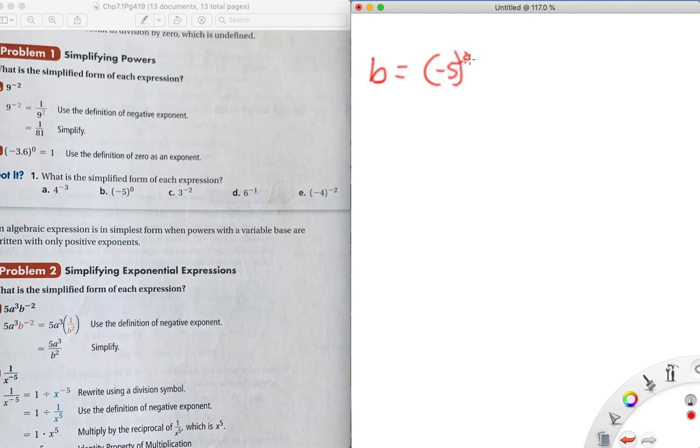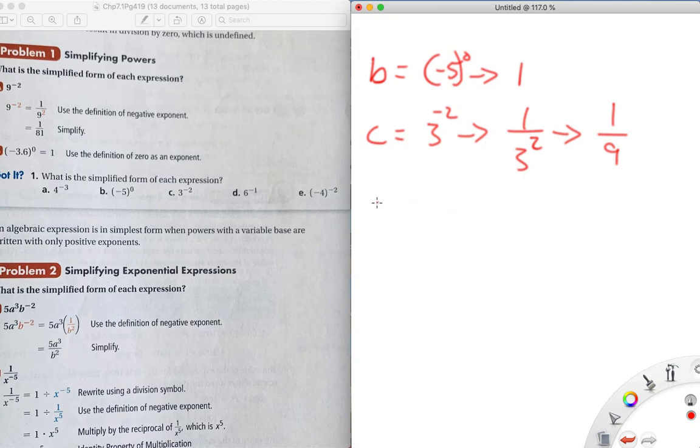Remember that negative 5 is a non-zero number, so it's going to be 1. C has 3 to the negative second power. Remember that negative means that I'm dealing with the reciprocal, so it goes down in the denominator. The 2 follows it in the exponent, and that negative sign goes away, which is 1 over 9.